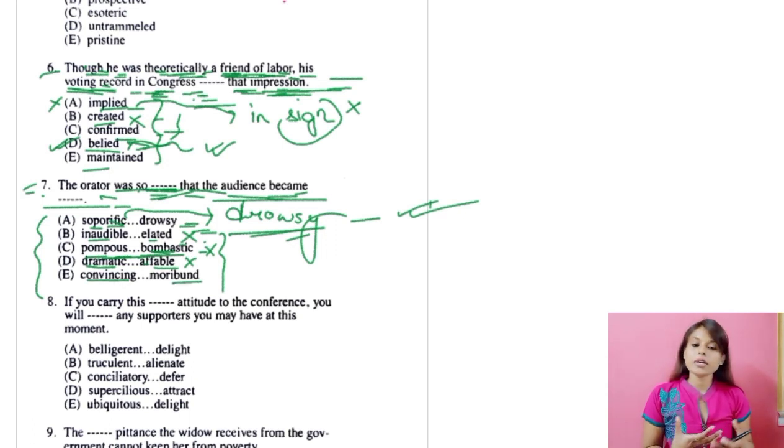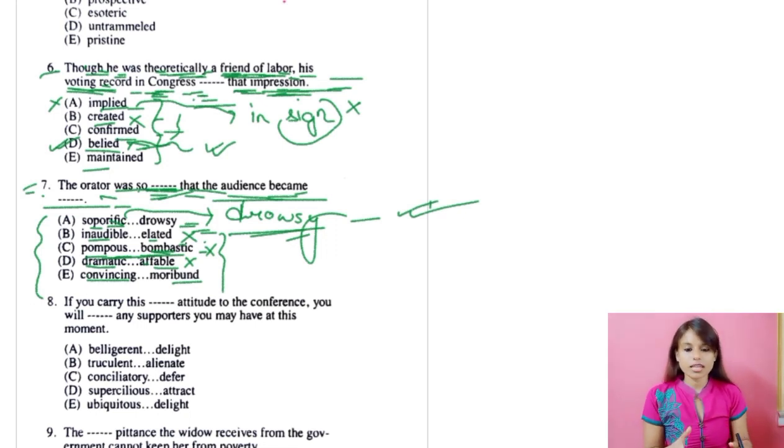Number E, convincing and moribund. Convincing, we all know the meaning, it's easy to convince. The orator was so convincing that the audience became moribund. Now moribund means no longer effective and about to come to an end completely. So on one side you are talking about convincing, and on the other hand you're talking about the audience becoming moribund.